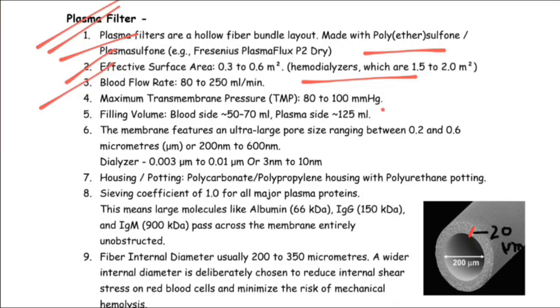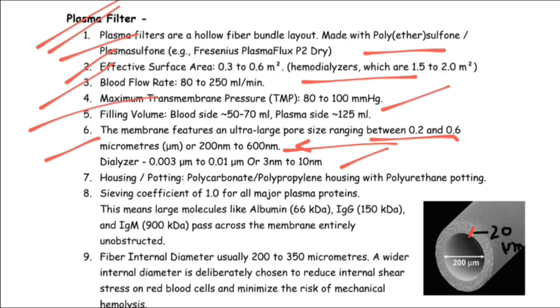In a hemodialyzer, maximum TMP can be 500 to 600 mmHg, because the pore size of the plasma membrane is much higher than that of the hemofilter. In point 6, the pore size of a plasma filter can be 200 to 600 nm, whereas in a dialyzer we find a maximum of 10 nm.